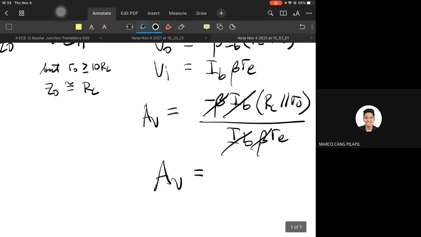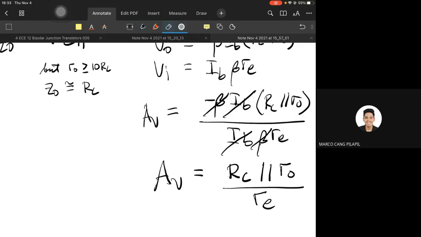Voltage gain is equal to RC parallel RO over RE, or ZO, output impedance over RE. And if RO is 10 times greater than RC, pwede lagay ni siya i-replace og RC over RE.